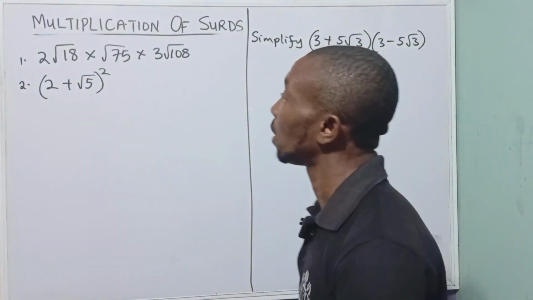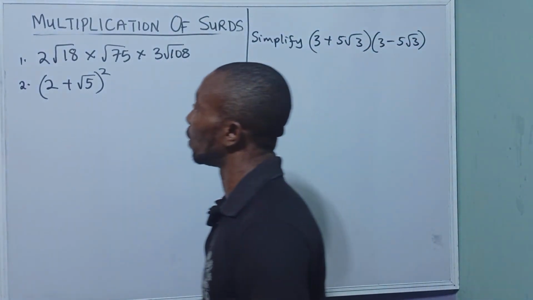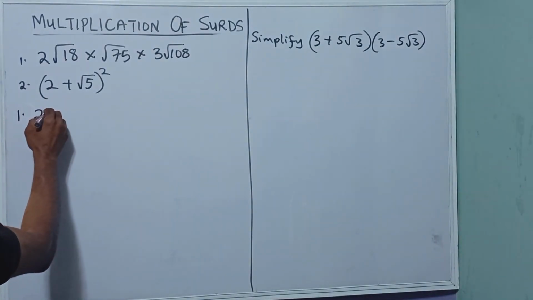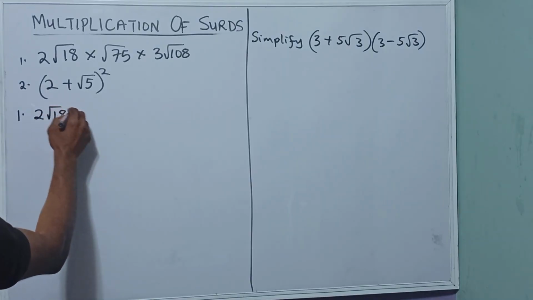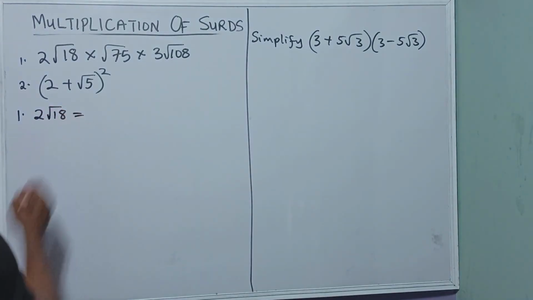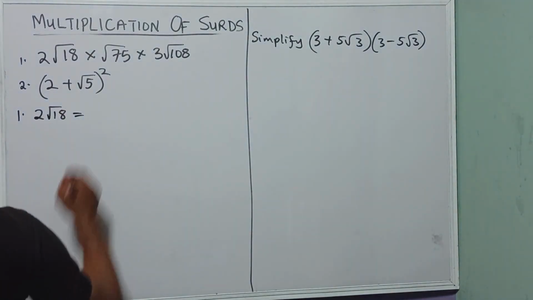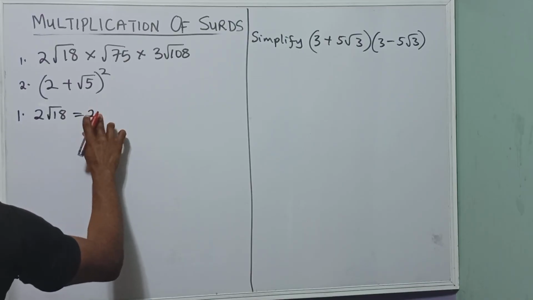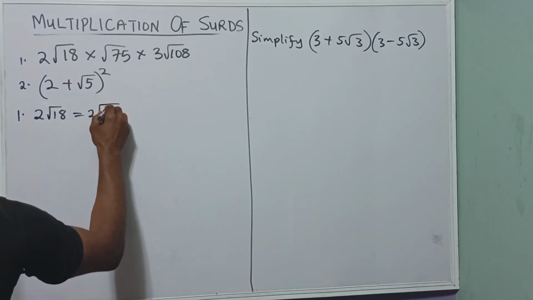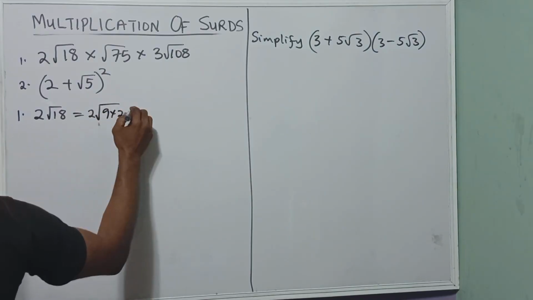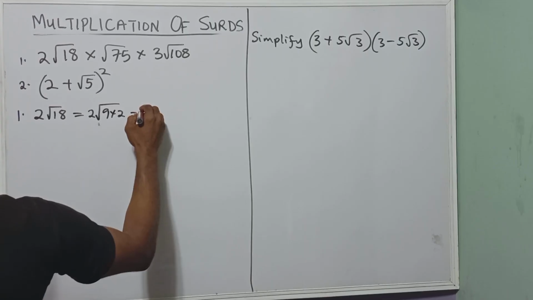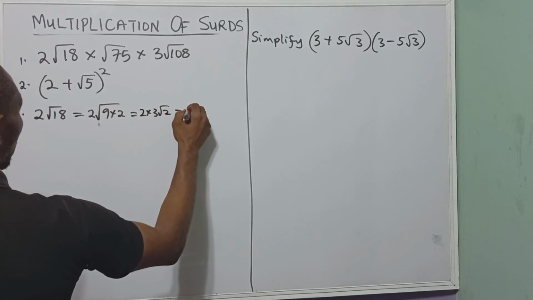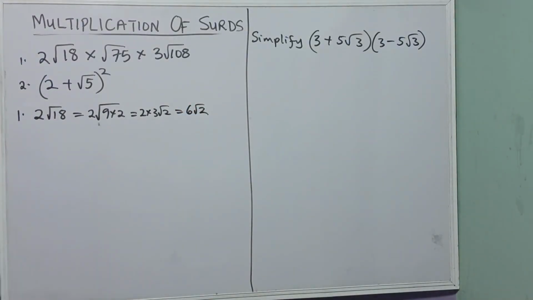The set of questions says we should solve this. Now, in simplifying this, we will have this as 2 root 18. Root 18 is root 9 times 2, which gives us 3 root 2, so 2 times 3 root 2, which is 6 root 2.